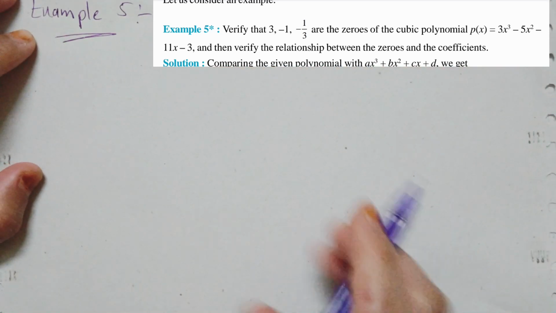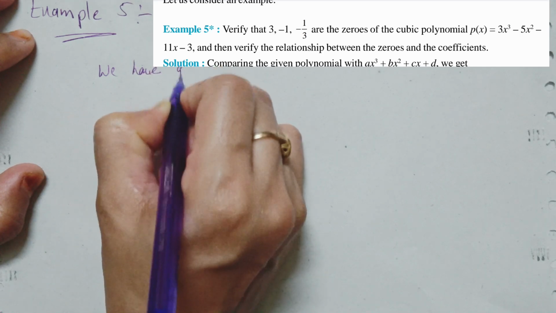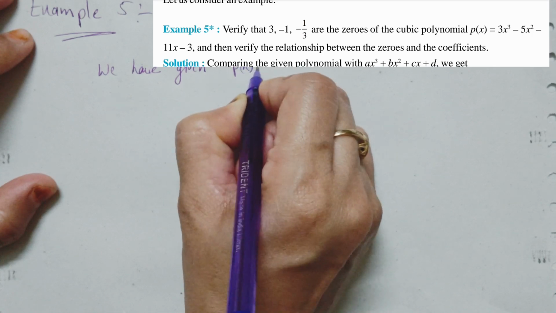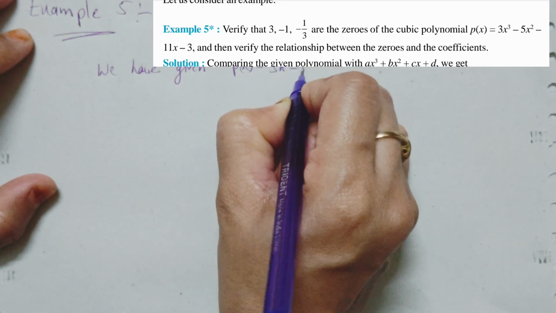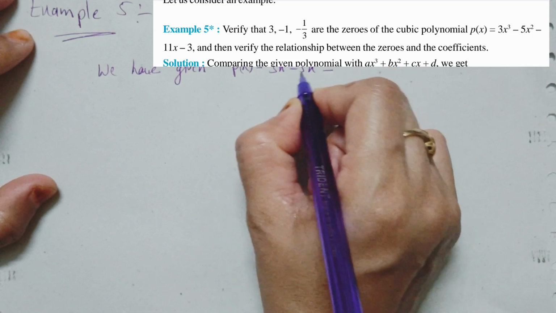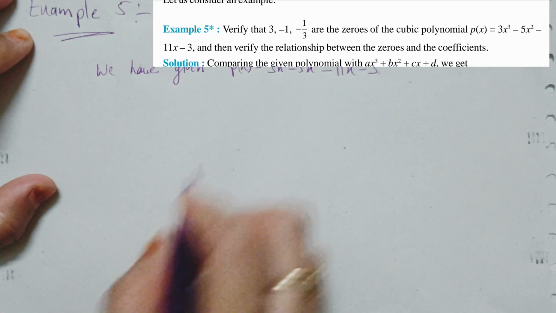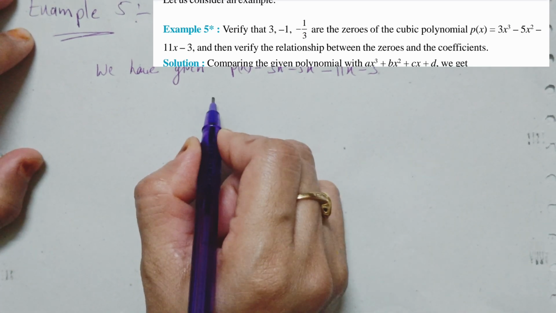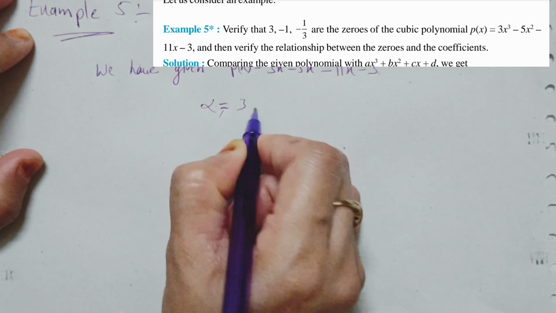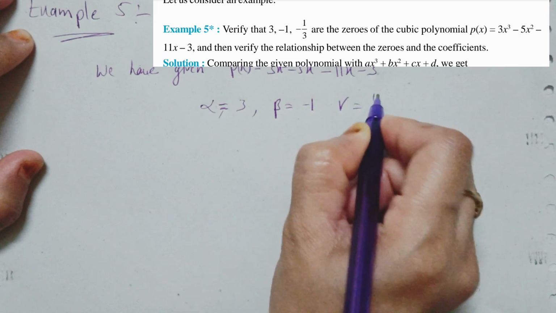Okay, let's do this. We have p of x equal to 3x cube minus 5x square minus 11x minus 3. At the same time we have been given three zeros also, which are alpha equal to 3, beta equal to minus 1, and gamma equal to 1 by 3.